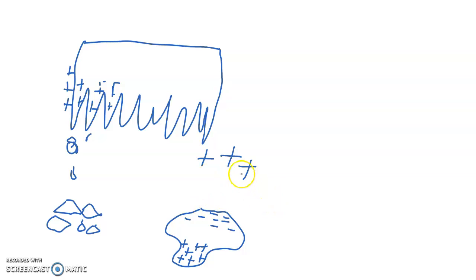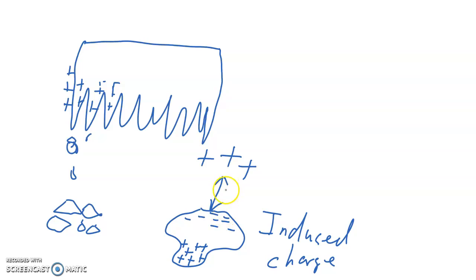So this is called the induced charge. After this, because the negative is on this side, you feel a force because the attraction force will be larger than the repelling force, since it already pushed the positive to the other side.